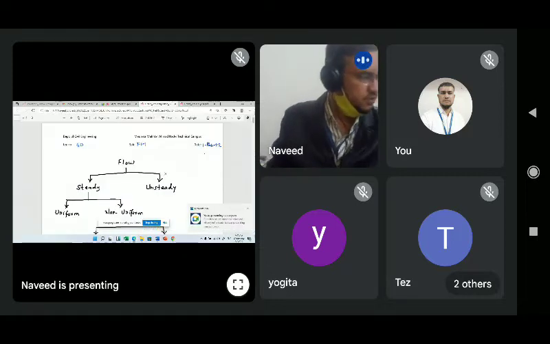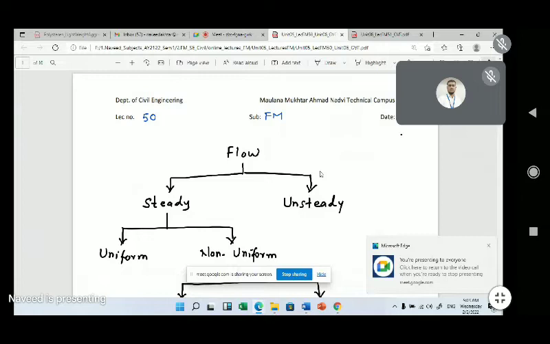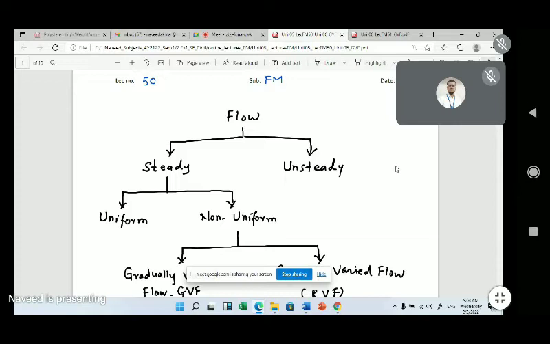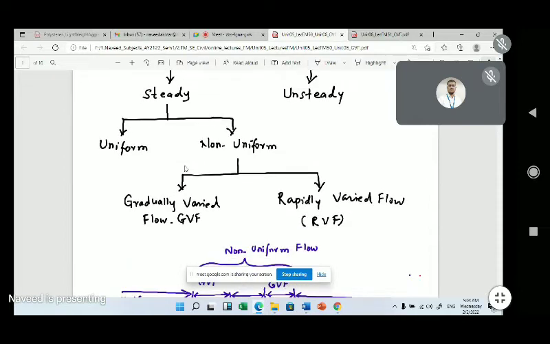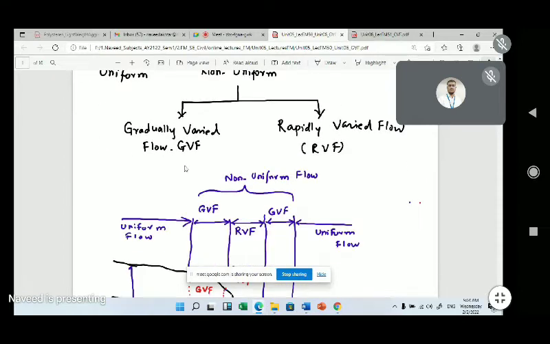So yesterday we started unit number 6, on gradually varied flow. We first saw the classification of flow: steady and unsteady, and in steady flow, uniform and non-uniform flow, and non-uniform flow as gradually varied flow (GVF) and rapidly varied flow (RVF).